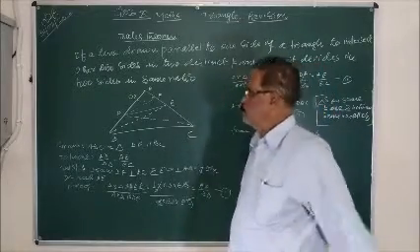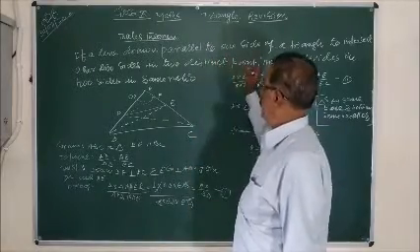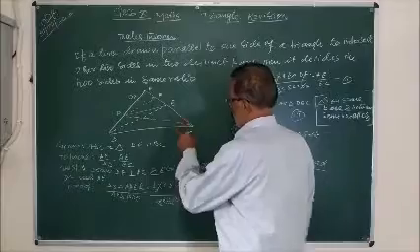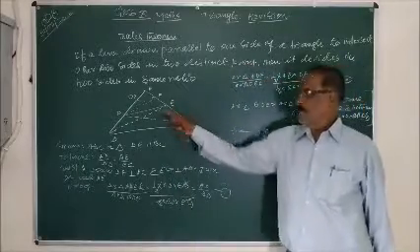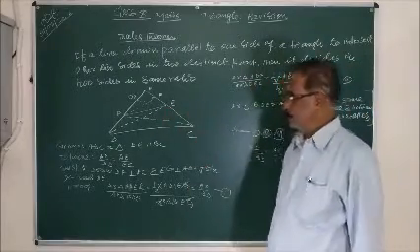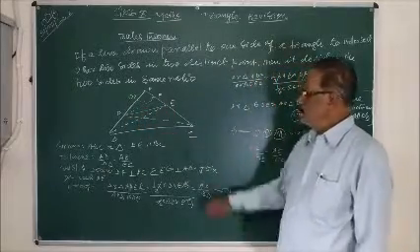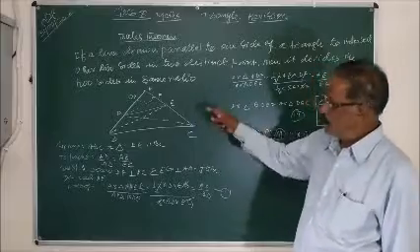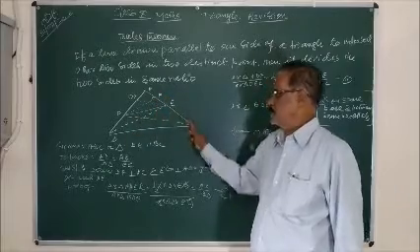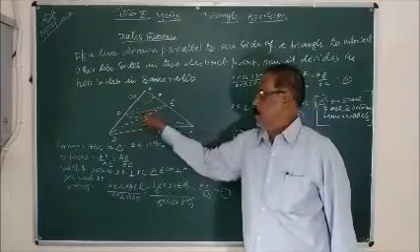Now come to the theorem. Thales theorem. If a line is drawn parallel to one side of a triangle to intersect the other two sides in two distinct points, then that parallel line divides the other two sides in the same ratio.